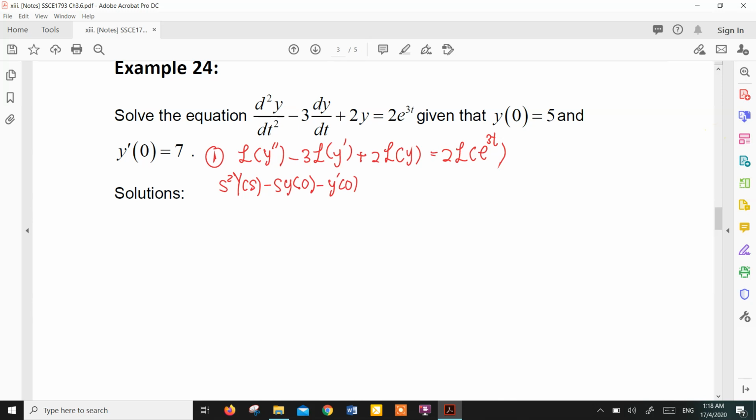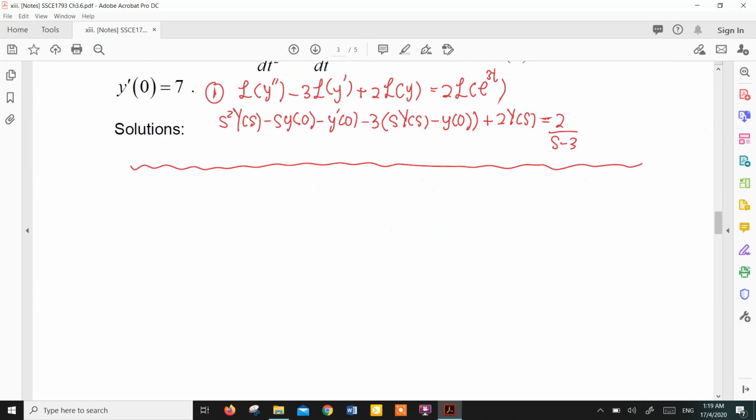For the second term, minus 3, for y prime, your s is power 1, so s Y(s) minus y(0). For the third term, plus 2, this is just Y(s), because the Laplace of y is Y(s), equals 2 times the Laplace of e to the power of 3t, which is 1 over s minus 3. So this is the first step.